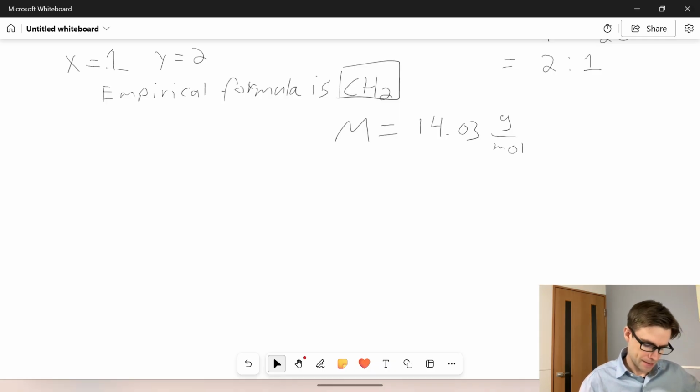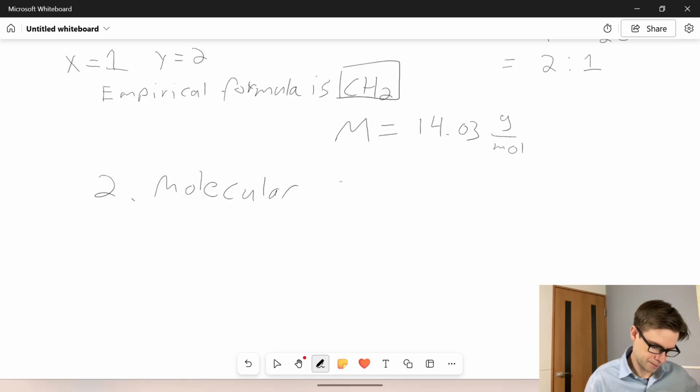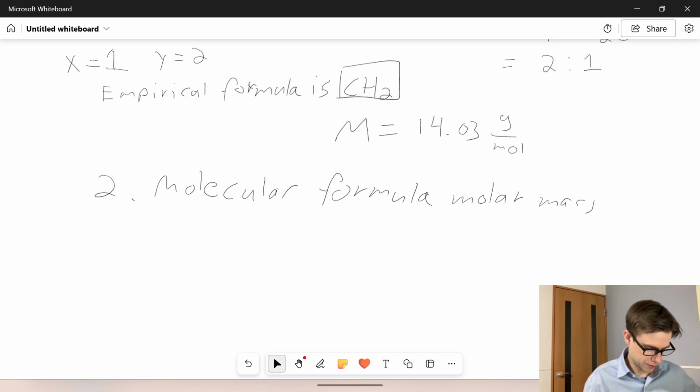Alright, and then in the question, this was technically question 2, I think, on the slide. It says our molecular formula molar mass was 42.09.